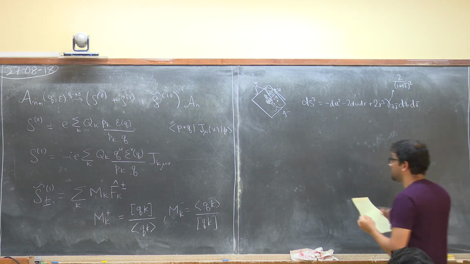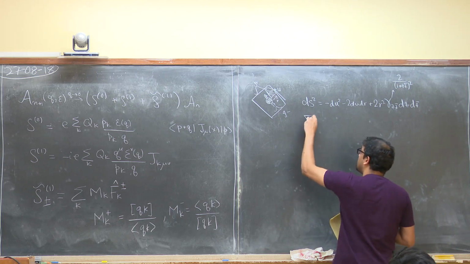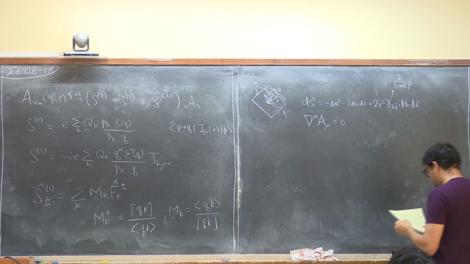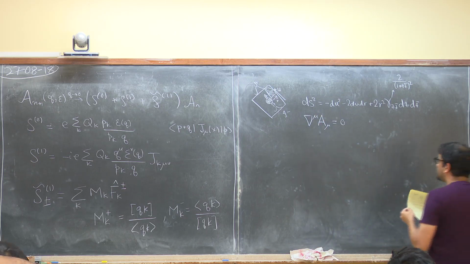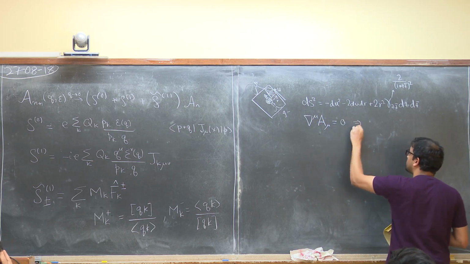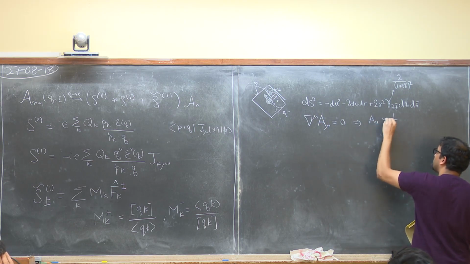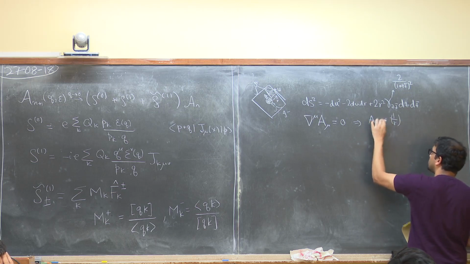Okay, and for the gauge field, I'm going to work in Lorentz gauge. In this case, it's not hard to convince yourself that the fall-offs for each of these fields are of the following form: order 1 over r.